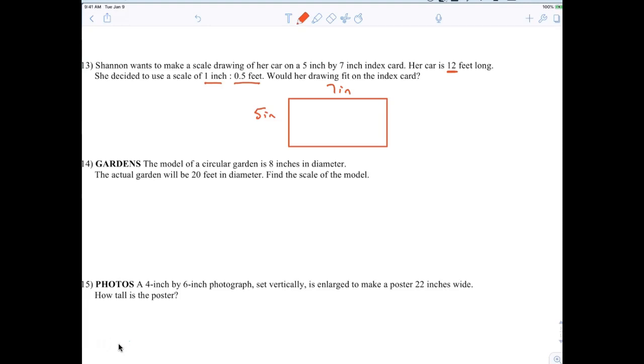I think they got it backwards. You with me? Because if 1 inch is equal to half a foot, that means 2 inches is to 1 foot, which would require 24 inches. So it doesn't fit. Yeah, they made a mistake.